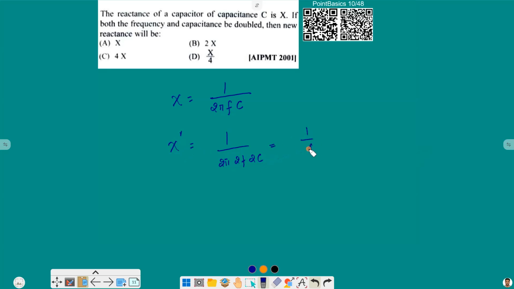So it will be 1 by 4 of 1 by 2 pi F C, and it will be X by 4. So reactance will decrease to X by 4. That is option D for us.